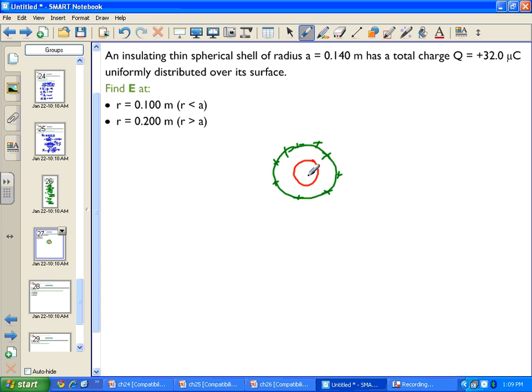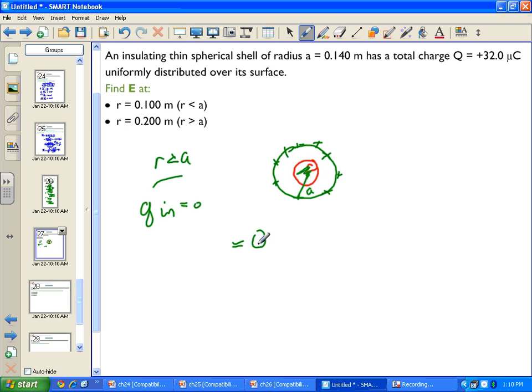And again, the sphere here, because it matches the symmetry, has radius little r. Let's go back here and indicate radius A of the shell. If you ask yourself, what is the charge inside here? Well, there isn't any. It all sits on the surface. So when R is less than A, we see that Q in is 0.